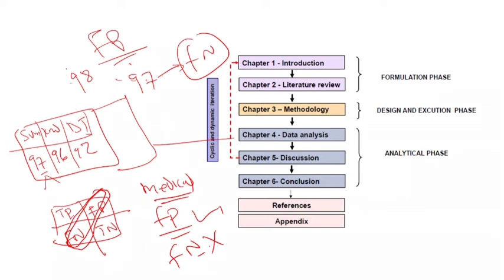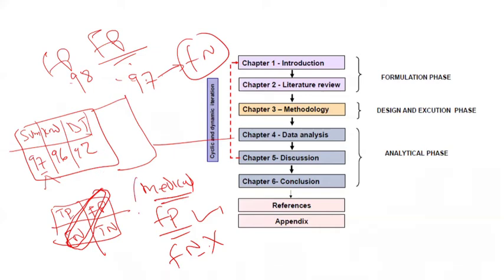That way our mistake is on the high side of false positive. So this is the kind of discussion. You try to bring out the implications of what you have done, so that we understand and appreciate the outcome of your experiment and the analysis that has been conducted. Now, this is if you are dealing with a classification problem.